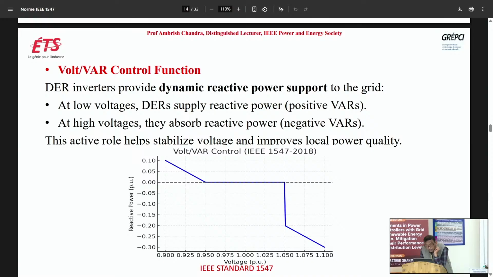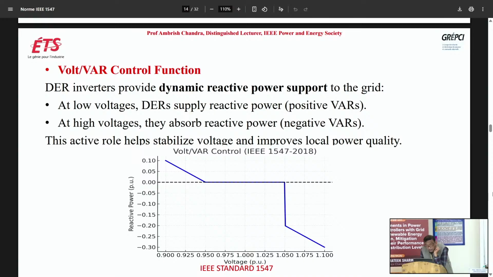Low voltage in this region. After 0.95, reactive power has to be supplied by DERs for low voltage. At high voltage, they absorb reactive power. So here they are working as a capacitor and here they will work as an inductor to absorb the negative var in this range.